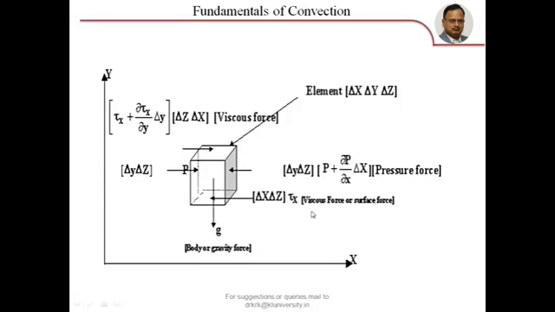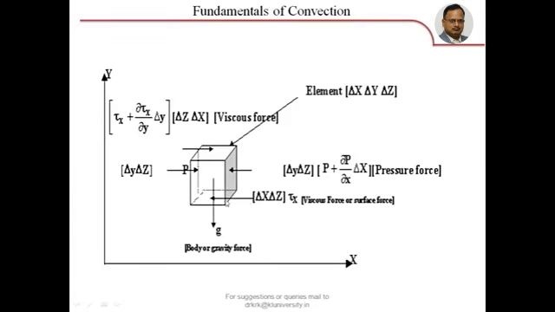When the element is moving in positive x-axis, frictional force always acts opposite to its direction of motion. The shear force acts in the negative x direction at the bottom plane, and in the positive x direction at the top face.